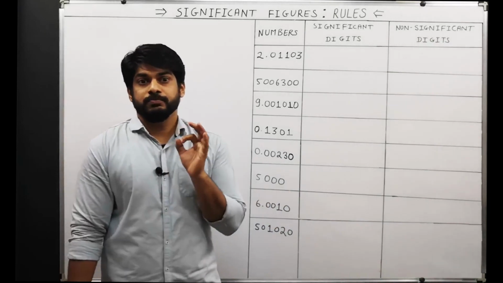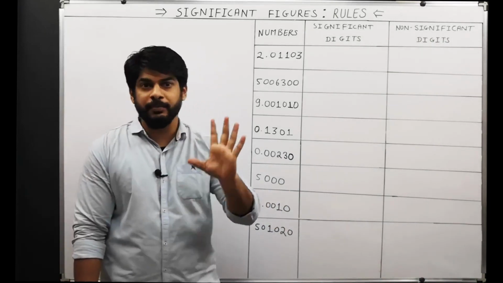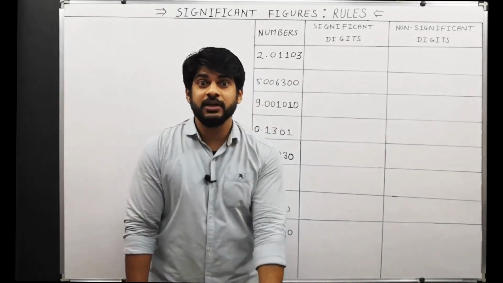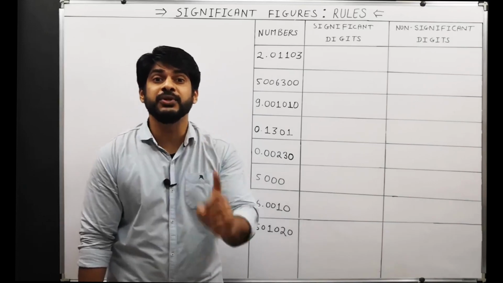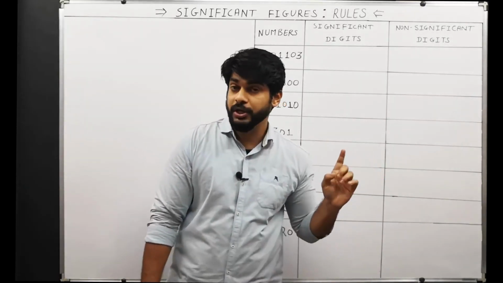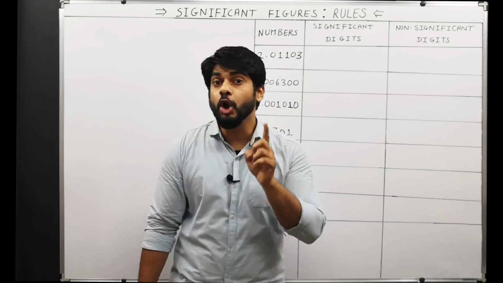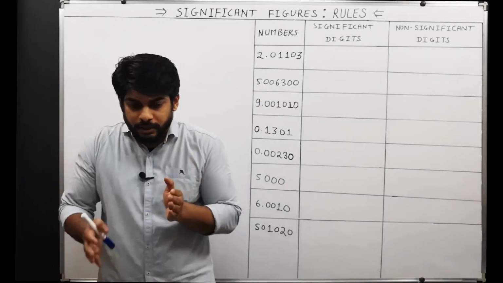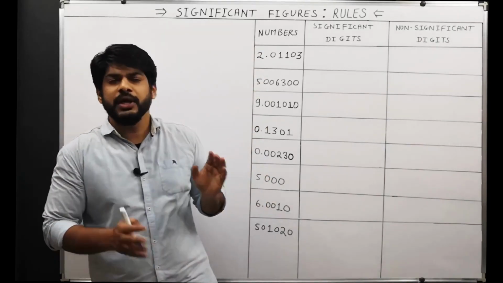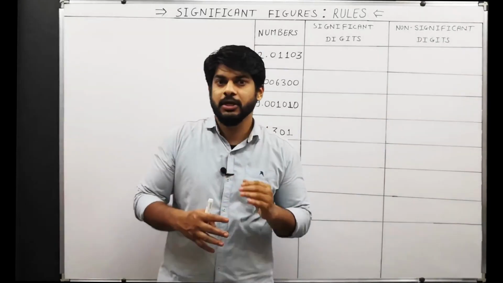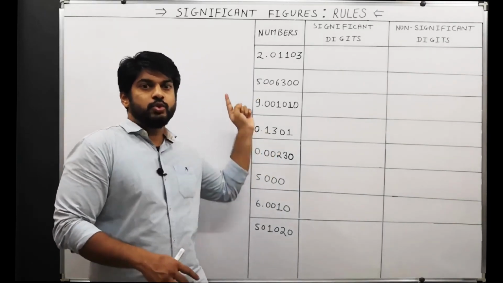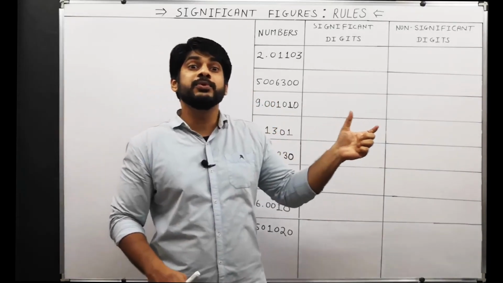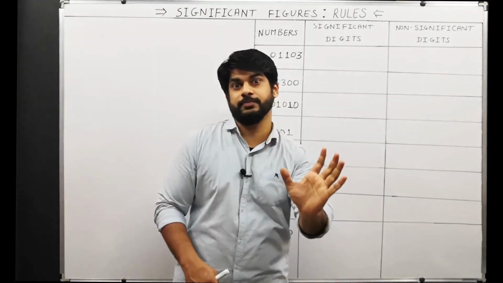The first thing you need to remember is that significant figures talk about the precision of the instrument. For any value that is given here, first check whether those digits in the number are talking about the precision of the instrument or not.